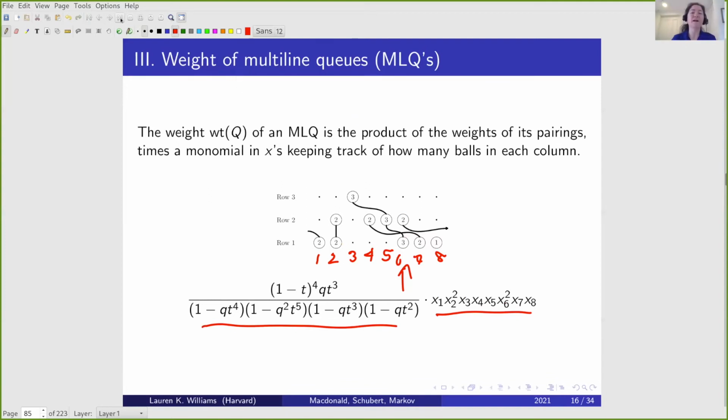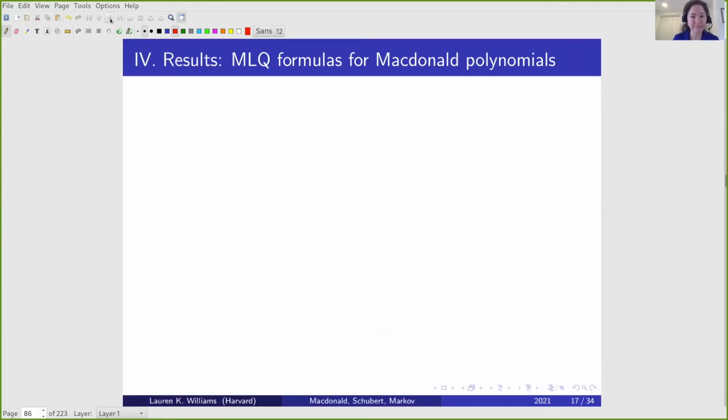Okay, all right. So the upshot is that we have some combinatorial objects called multiline q's, and they each get associated to them a weight, which is a function of q, t and x. And now one can use this combinatorics to give formulas for Macdonald polynomials.